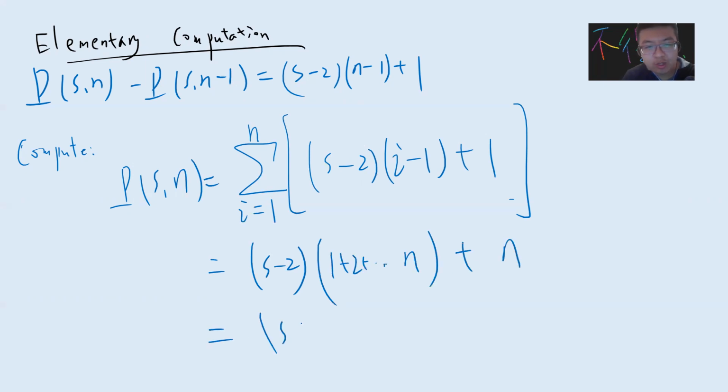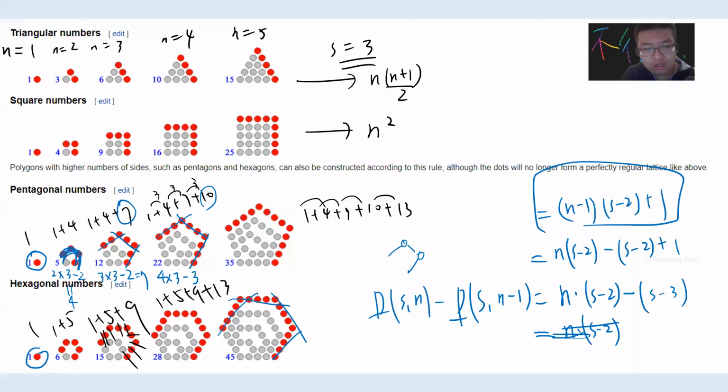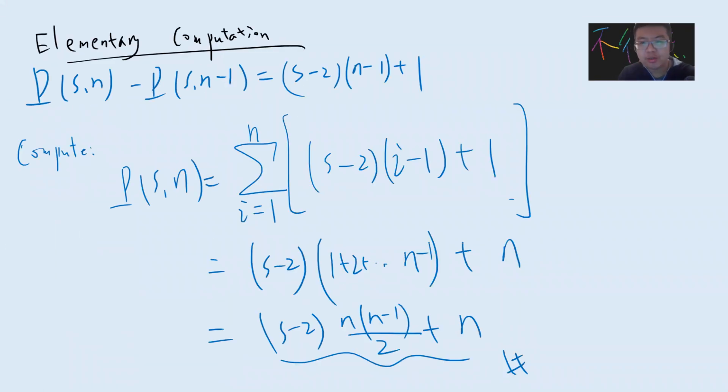So it's (s minus 2) times n(n minus 1) divided by 2 plus n. Okay, so this is just what you got previously. Okay, so this is elementary computation. You just see this a little bit, and then you get the answer. Okay, that's it. So this is a very simple proof of this polygonal number.